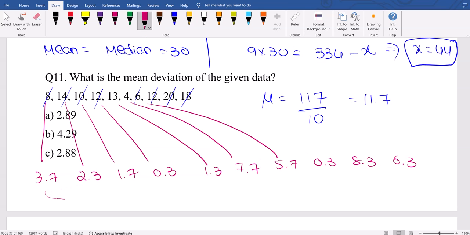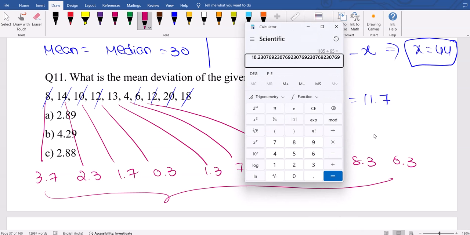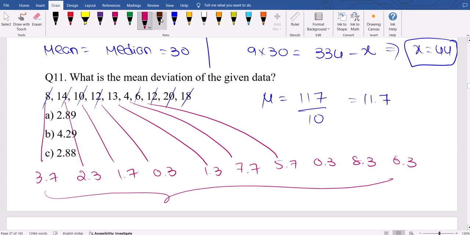Calculating the mean of these is nothing but called mean deviation. Mean means adding this divided by number of terms which is 10, right? So 3.7, 2.3, I think again this is also contributing. So here it is 6, 6 plus 2, 8.